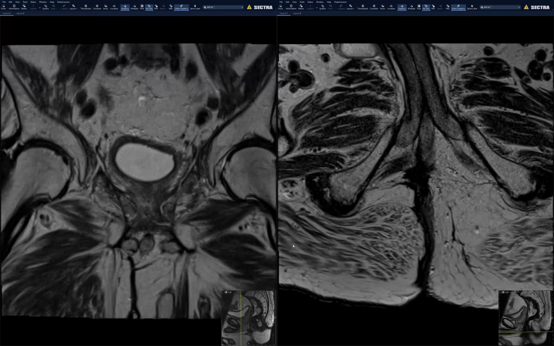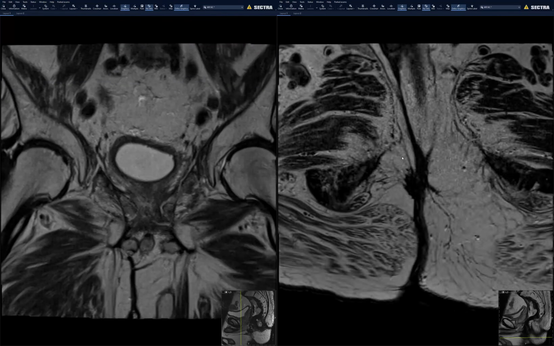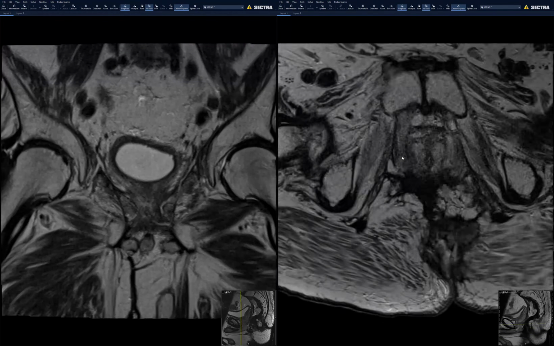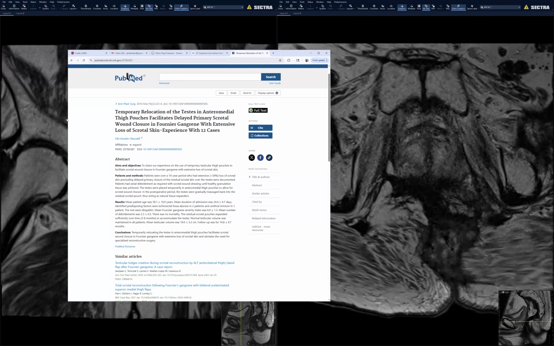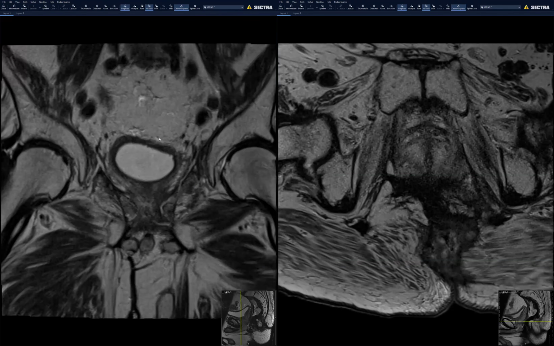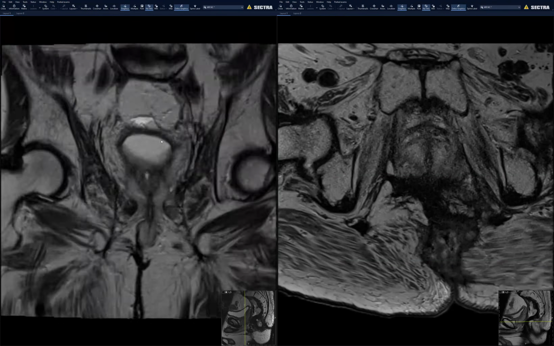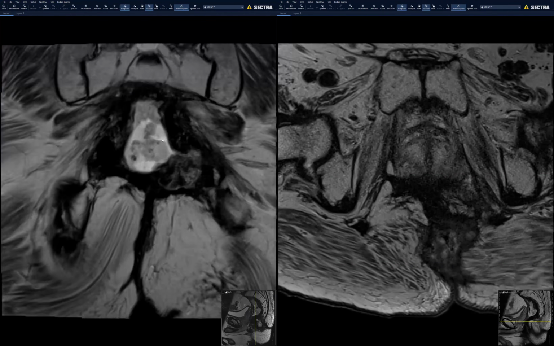Was it to get it out of the radiation field? I don't know the cause in this case, possibly because of that, but in general, we pulled it up and found an article where they do a temporary relocation of the testes to the anteromedial thigh, typically when the patient has Fournier's gangrene with extensive loss of scrotal skin. That was the only one I found. I did not find anything about radiation therapy needing it; in fact, we didn't get any history of this procedure at all.